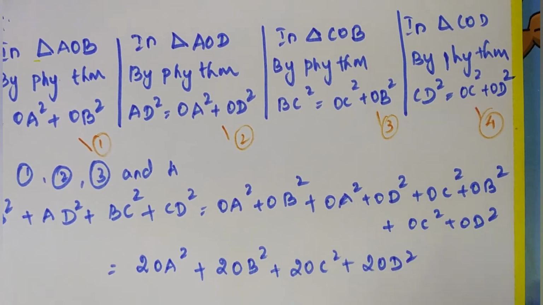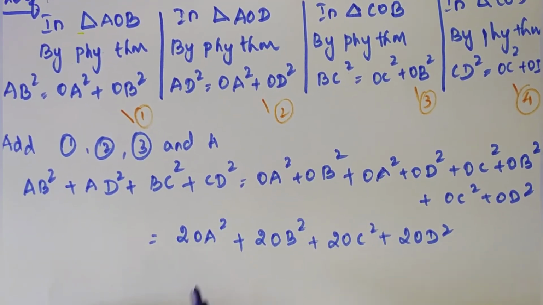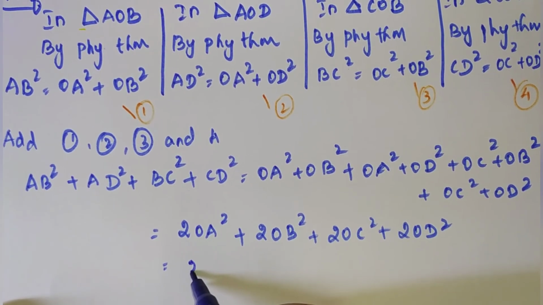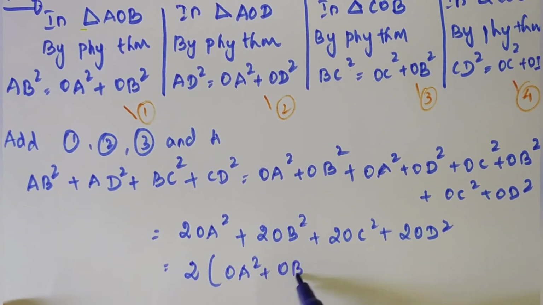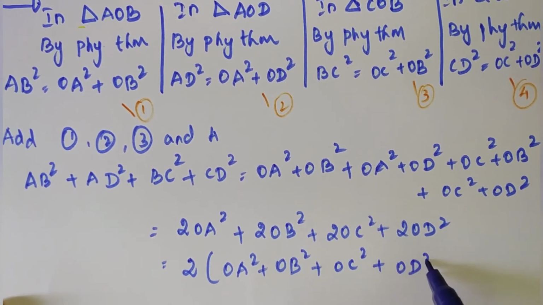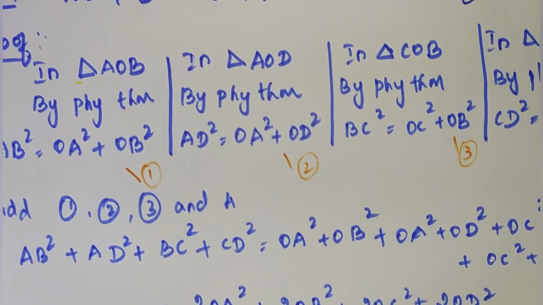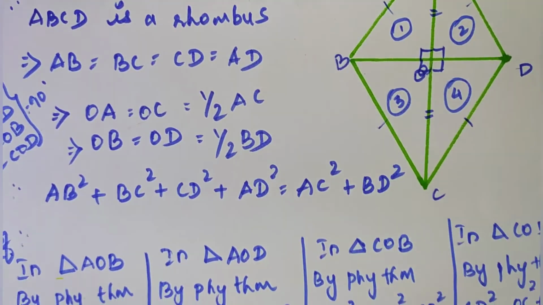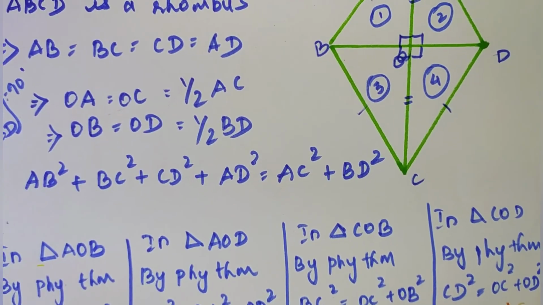We have 2 in all the terms, so take it outside: OA square plus OB square plus OC square plus OD square. This OA we can write as half of AC, and OC also half of AC. Clear?